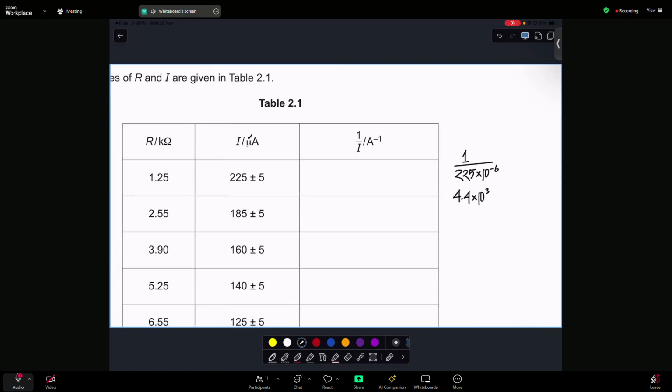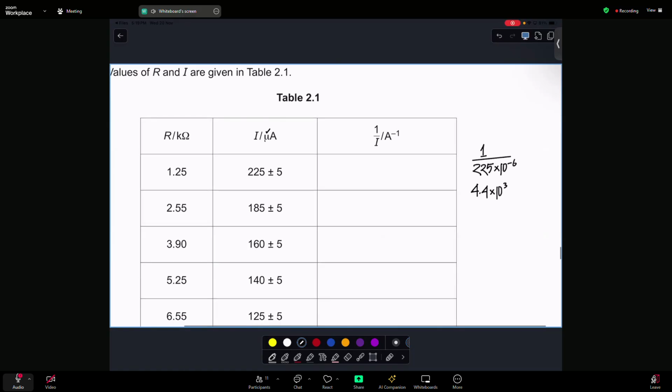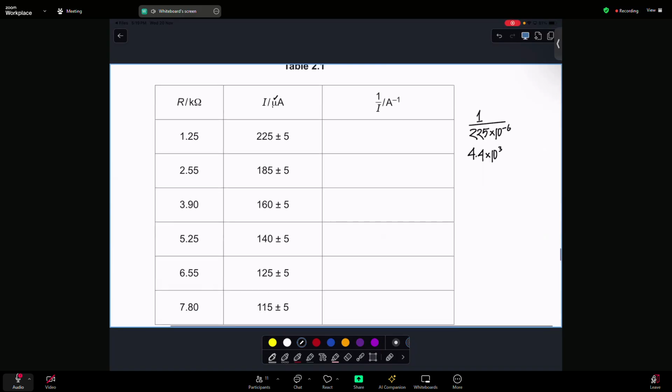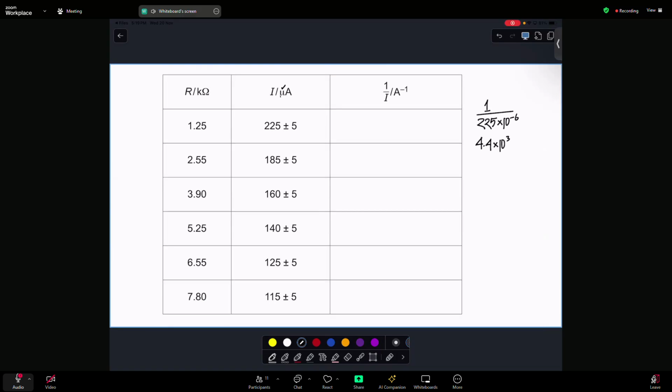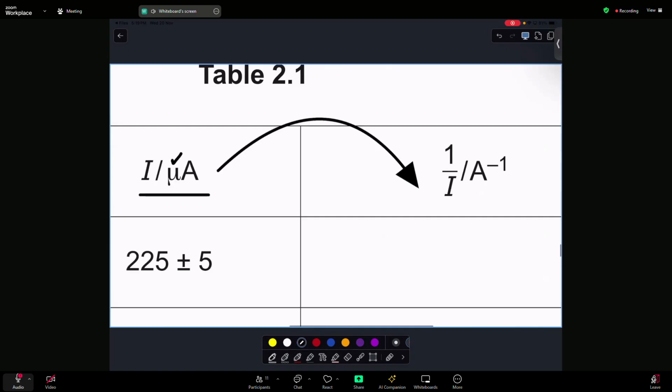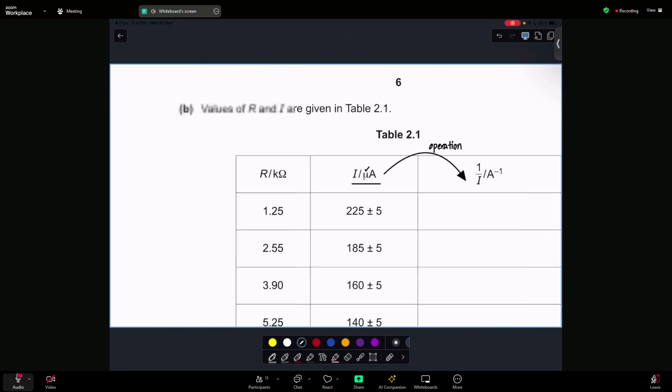Right. Now the thing is, do we write 4.4 or do we write 4.44? Or do we write 4? Just 4. So what was the rule? Do you remember this was there in the practicals of your AS, that when you take a data from one part of the table, right, and you take it to the other part of the table and you perform an operation here, operation means minus plus, some kind of mathematical operation.